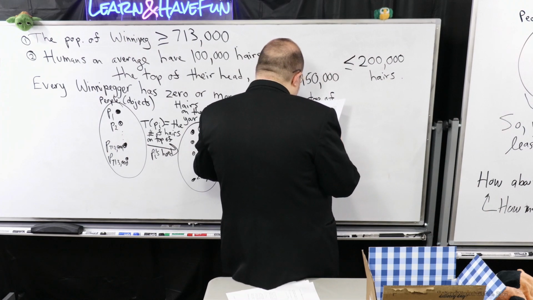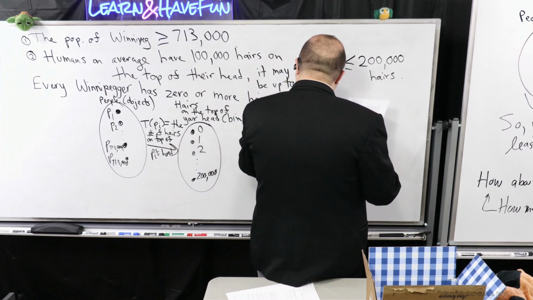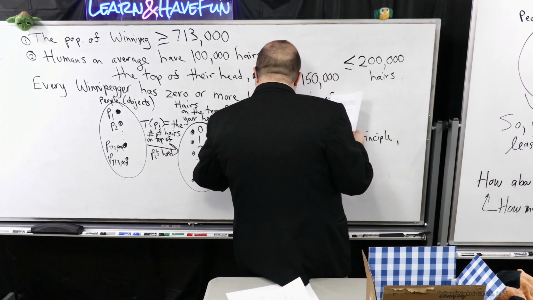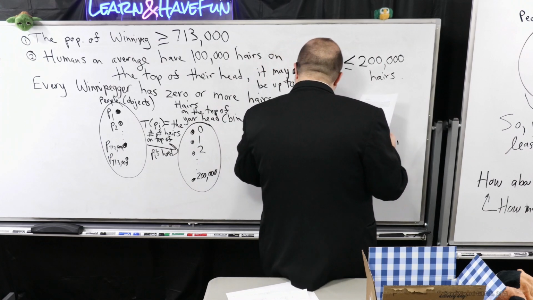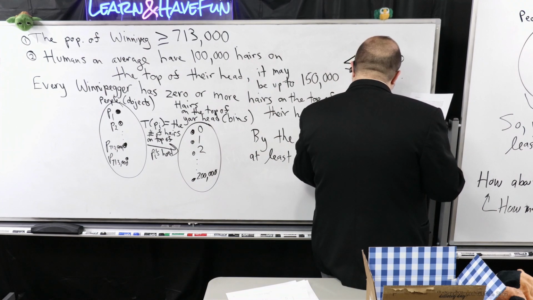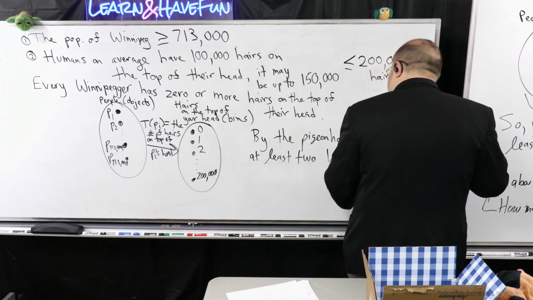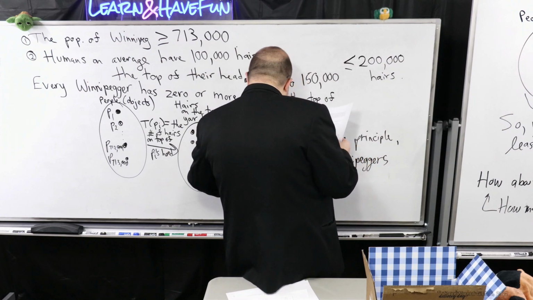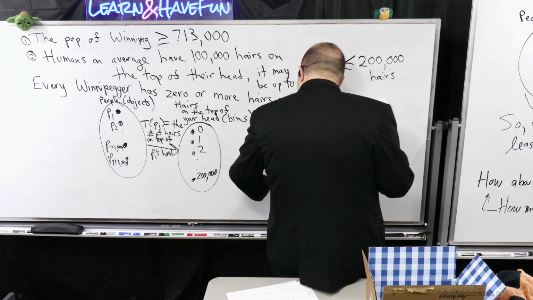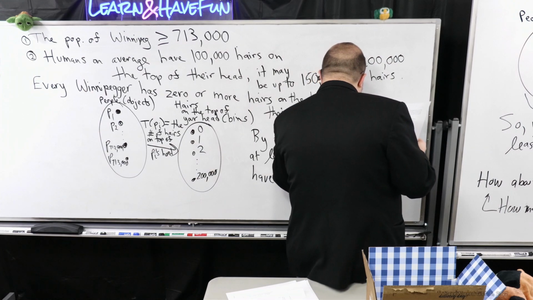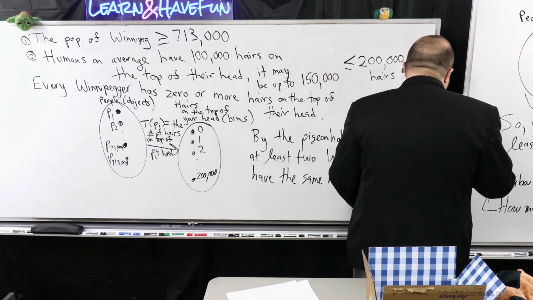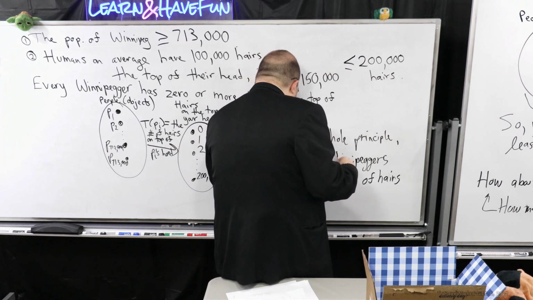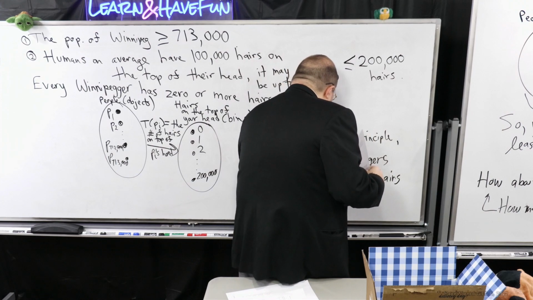Is that, so by the pigeonhole principle, at least 2 Winnipeggers have the same number of hairs on the top of their head.